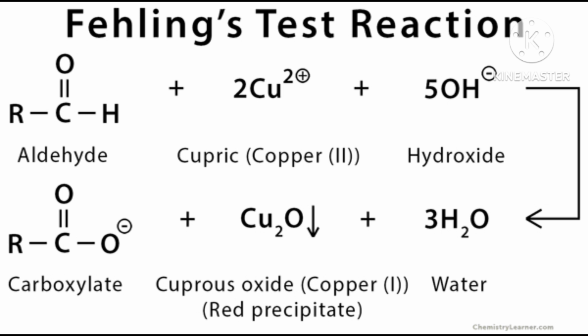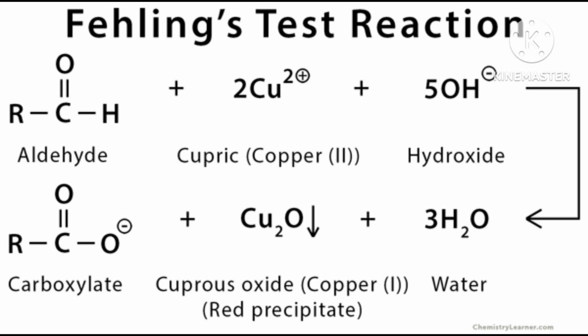The aldehydes are oxidized to the corresponding carboxylate anion. Already I discussed the same way, because it is an oxidizing agent, it will supply oxygen. Tollens' reagent is a mild oxidizing agent. Then aldehydes are oxidized to the corresponding carboxylate anion.